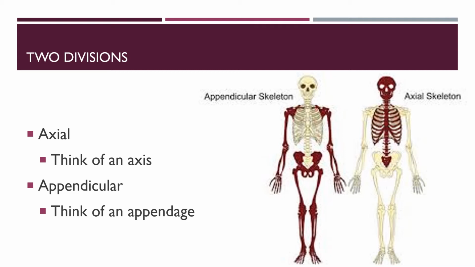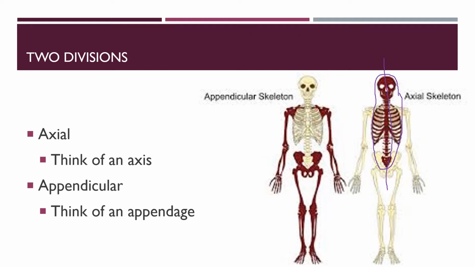Then you have the appendicular, which comes from the word appendage, which is something that hangs off of, an accessory to. So the appendicular bones are ones that hang off of the axial bones. In these pictures, you can see in the one on the right that the red is down the center of the body, and these are the bones and structures of the axial skeleton.